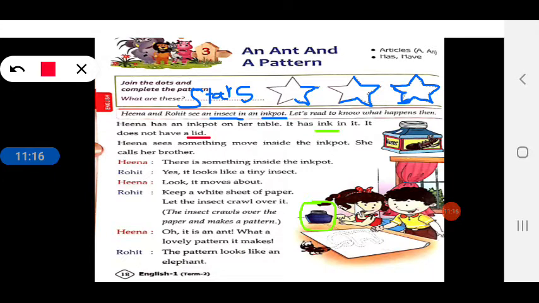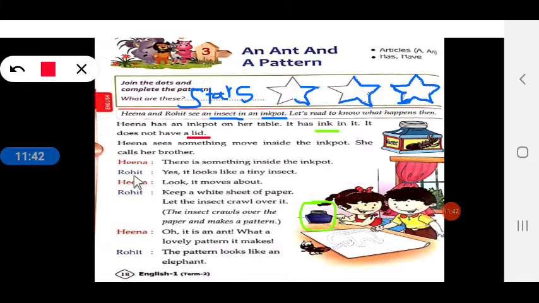She points towards the bottle and tells her brother there is something. They don't know exactly what is inside the ink pot, so they are guessing. She showed it to her brother.